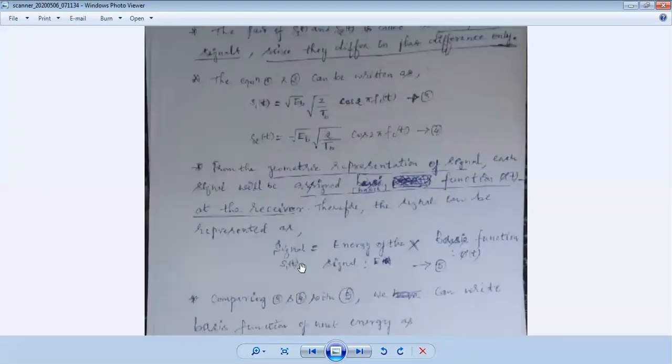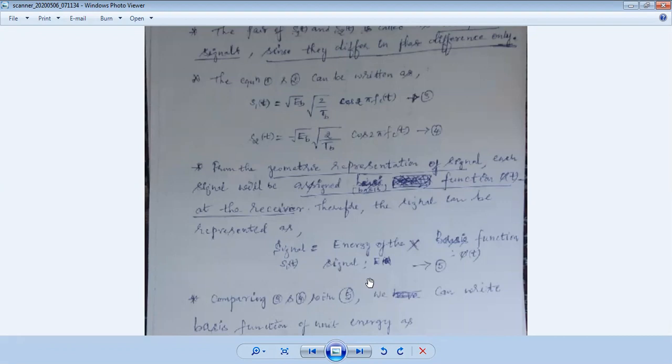Energy of the signal is equal to the energy of the signal into the basis function phi of t. So for the energy of any signal, especially in a geometric representation, as we told, we are going to use the AWGN channel. In the AWGN channel, the signal is represented by its energy and the basis function, that is phi of t.